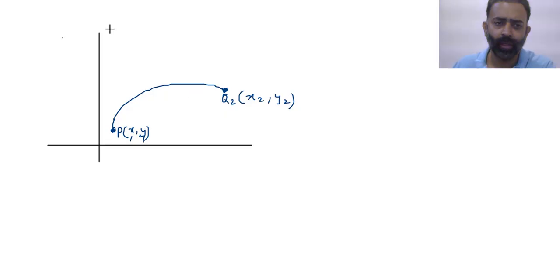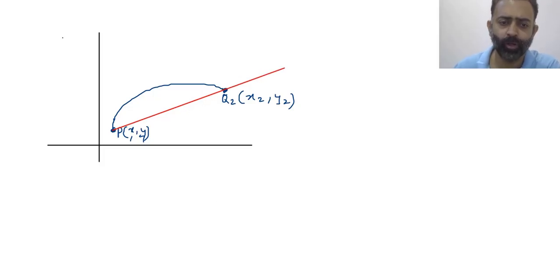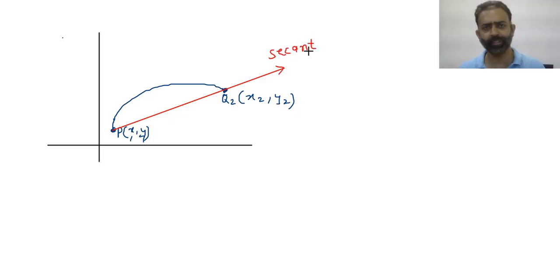Now a straight line which is passing through both these points P and Q like this, we call this straight line a secant line. This line, which we call a secant, is intersecting the curve at more than one point. It is not touching the curve, so that line is called a secant line.